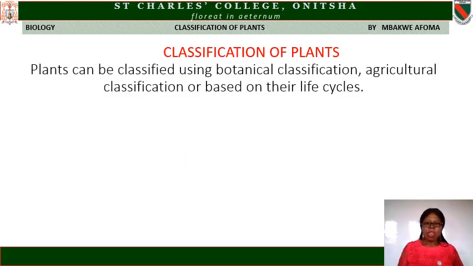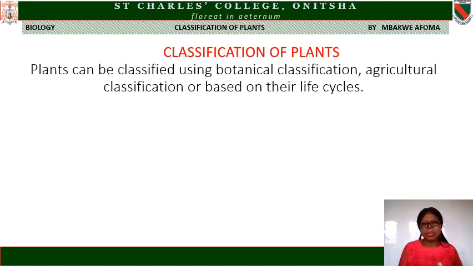Now to the main topic of our lesson today, which is classification of plants. I know you've been eating different types of food like rice, beans, different types of fruits like mango, pawpaw, and others. Then different types of vegetables like amaranthus, water leaf, and the rest of them.